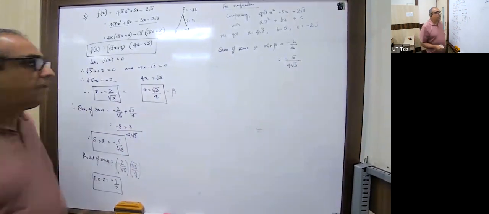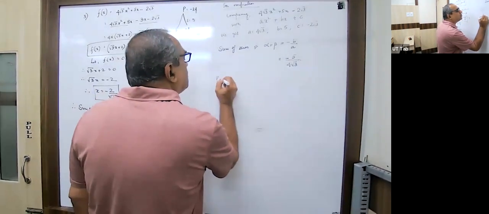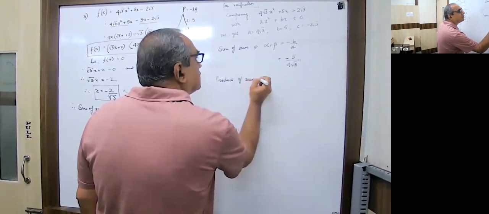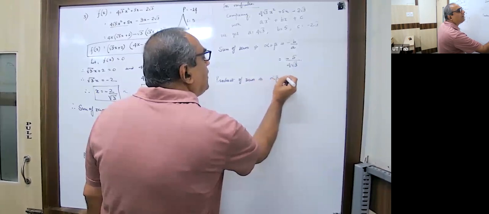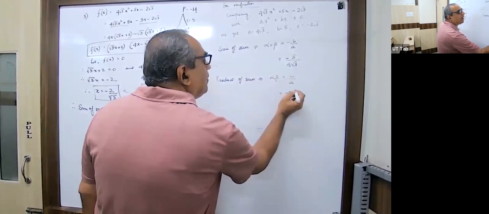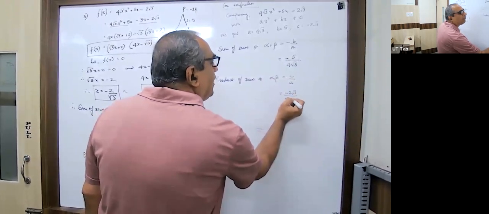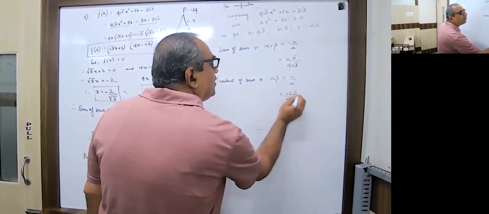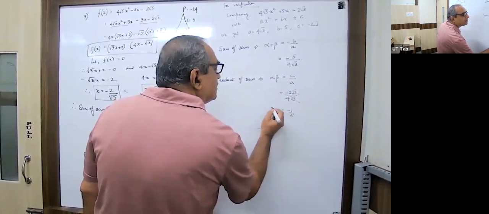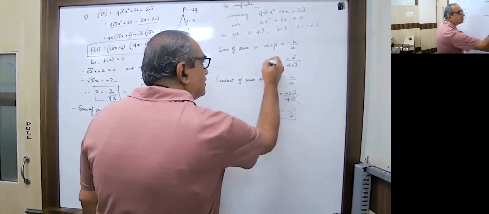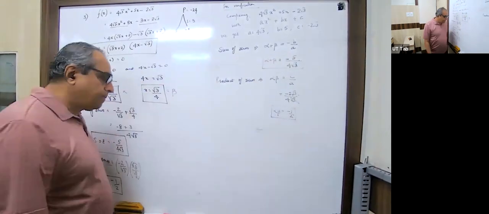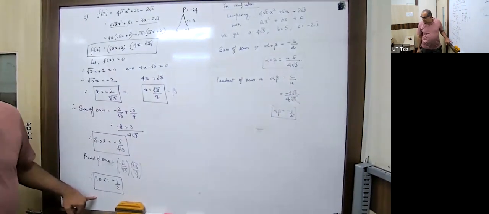Okay. Product of zeros. Alpha into beta, c by a. What is my c? Minus 2 root 3 by 4 root 3. Root 3 gets cancelled. This is same, yes.